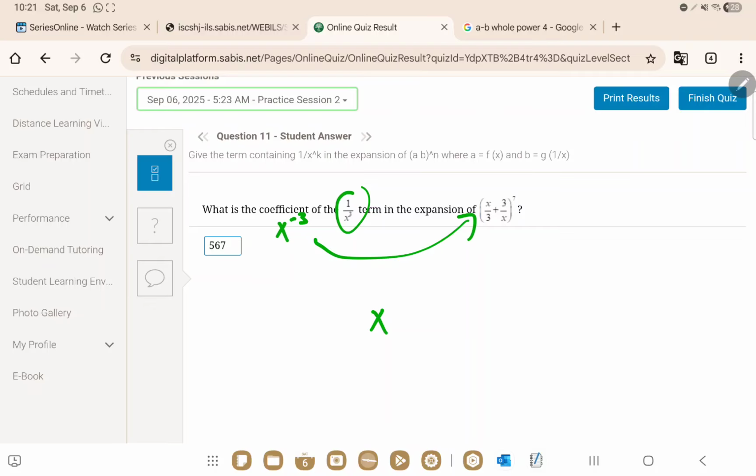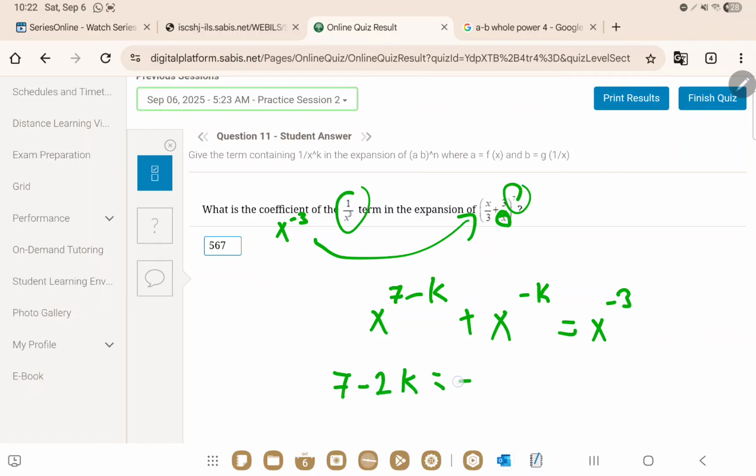X in the value of a is gonna have a coefficient of 7, because that's your coefficient, minus k, plus x power negative 1k, because x is in the bottom, bring it up, it's negative 1k, equals x negative 3. 7 minus 2k equals negative 3. K equals 5.